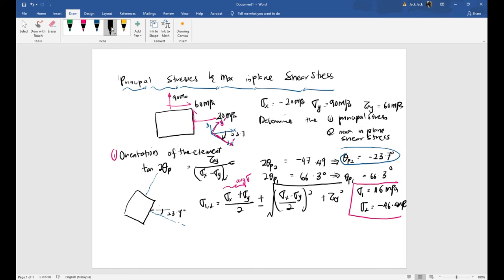So we can use our very first equation. Let's say this is your x prime axis. The new sigma x prime is equal to sigma x plus sigma y divided by 2, plus sigma x minus sigma y divided by 2 cosine 2 theta, plus tau xy sine 2 theta.